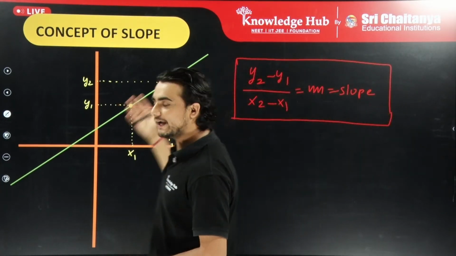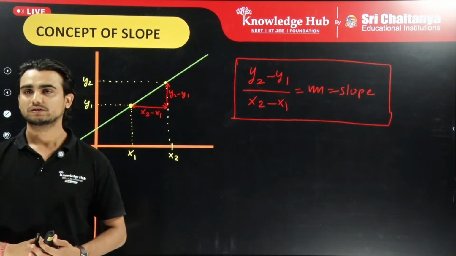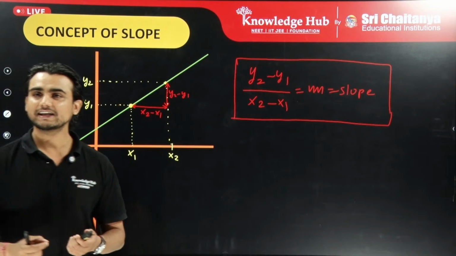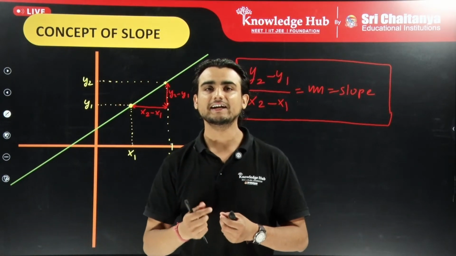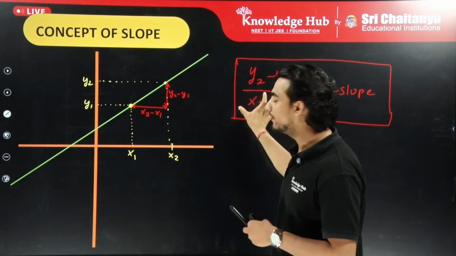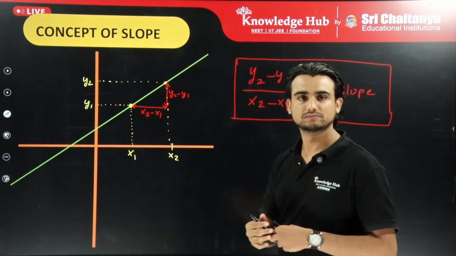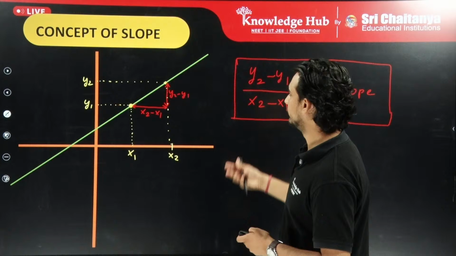So if you take any 2 points on the straight line, you will get the slope, right? So here we can say for a straight line the slope is constant, or we can say the rate at which my output variable changes with my input variable is constant. Clear? Now let's move forward.